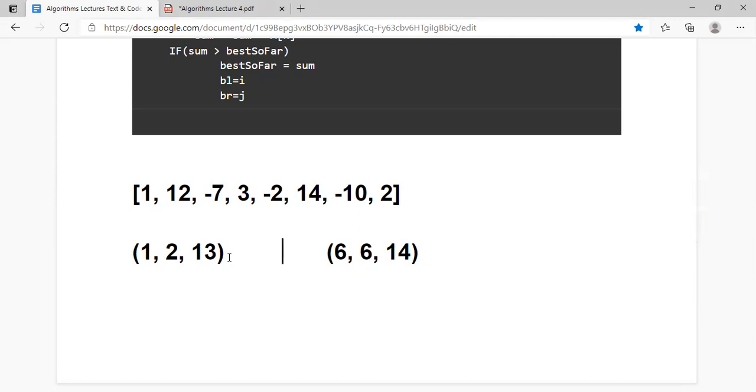Obviously, the answer from the left side only reports arrays which lie exclusively on the left side of the problem. This is the best answer among this area only, and this is the best answer from this area only.